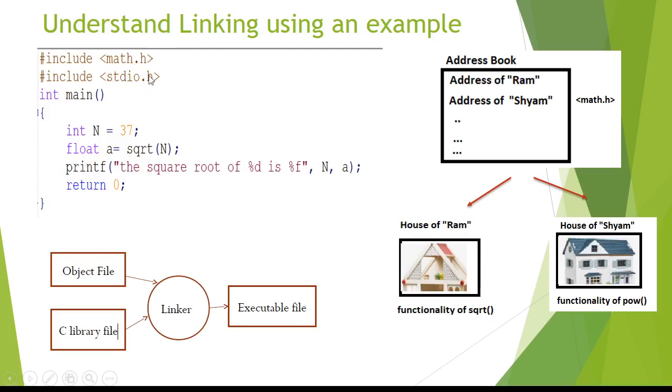So header files, whether it is math.h or stdio.h, contain some information related to a particular function, that can be sqrt or printf. Some information related to sqrt is available in math.h, and some information related to printf is available in stdio.h. If you do not include these header files, obviously you are going to get an error.